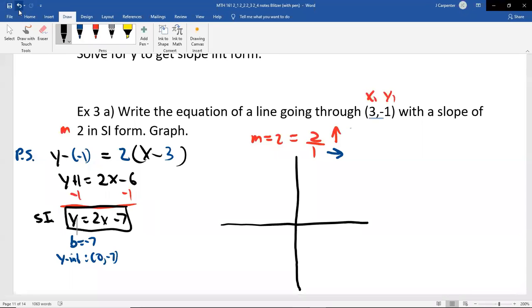Because I can't see how to place the ruler. All right, so 3 comma negative 1, that's right 3, and down 1. Notice I just build these numbers as I need. And that point would be right here. Then from that point, I'll go right 1 from 3 to 4.